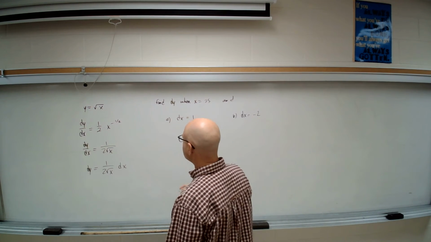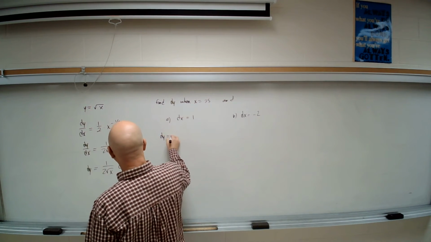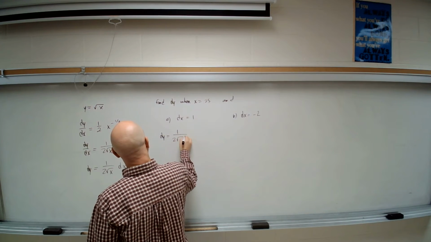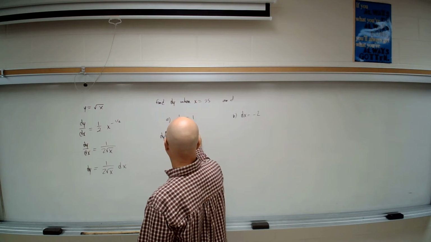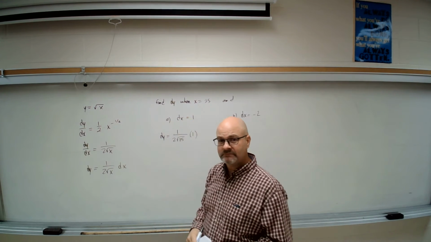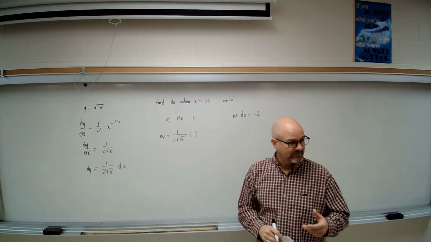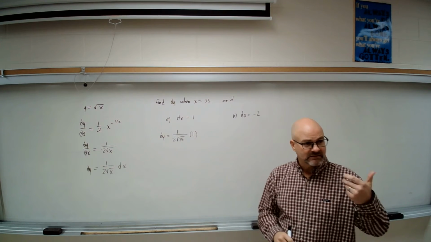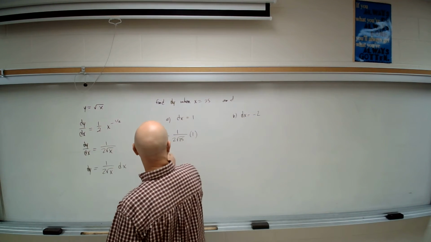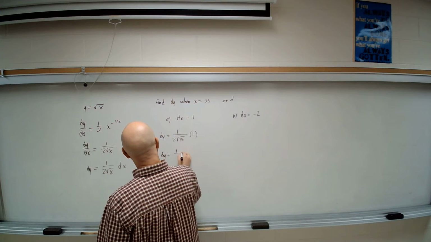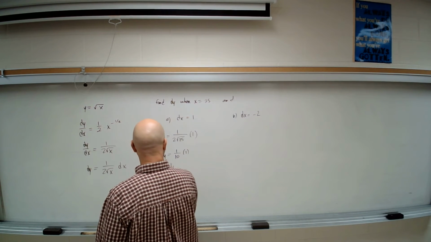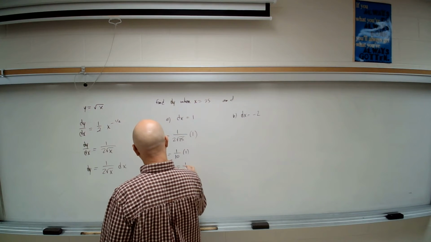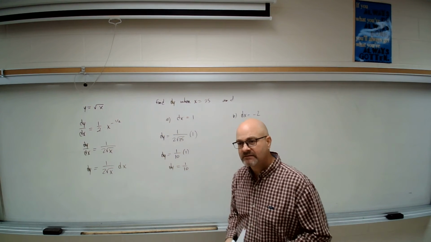So with this one, we'll get that this differential is 1 over 2 times the square root of 25, times 1, because it was a difference of 25 to 26. So we get dy is 1/10 times 1. So that tells us the change in y is equal to 1/10, right?